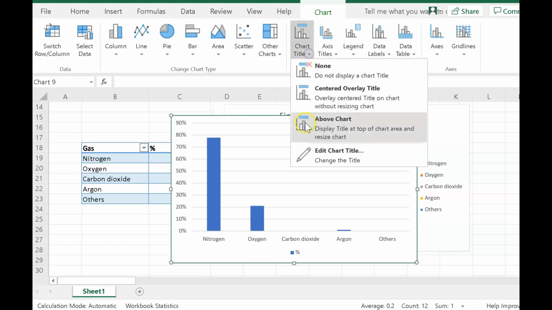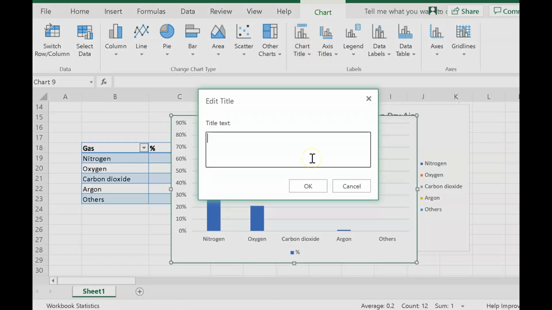Okay, and now we can write a new title, and this is going to be our figure 3, composition of clean dry air. So it's pretty much the same, but it is a bar chart.